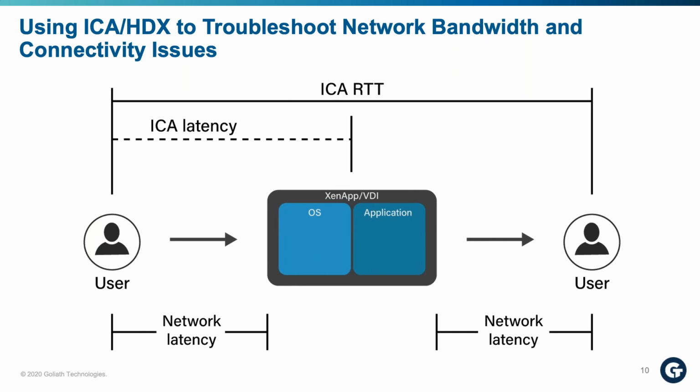So if you look on the left-hand side and on the right-hand side, that is the same exact user, just drawing a straight line between the interaction and then reaction from the ICA session. So the ICA protocol is going to be measuring things like the network latency of that interaction.